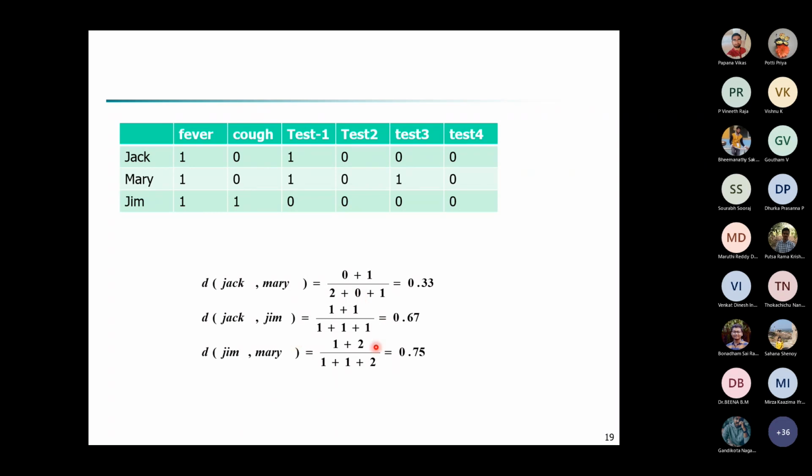What you have to think is that the numerator is the mismatch count, and the denominator is the mismatch count plus the Q value also, that is the count of the 1 1 scenario. So that is what you have to remember, if not exactly the formula. Now this is in case of asymmetric only.